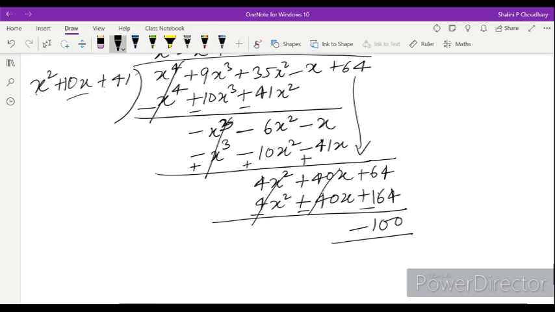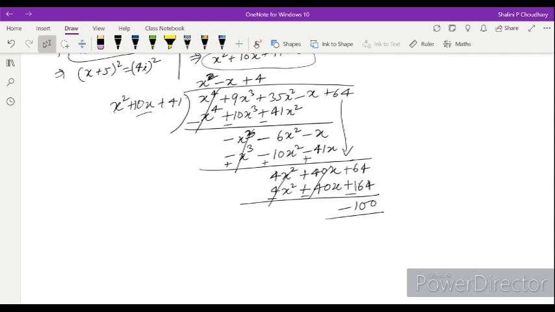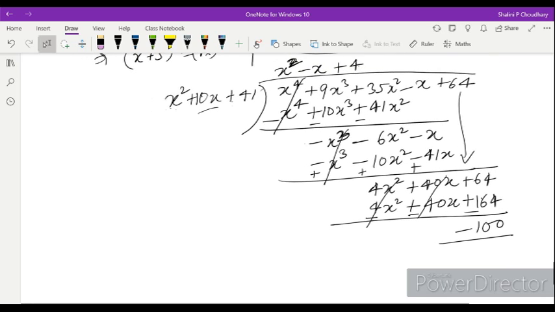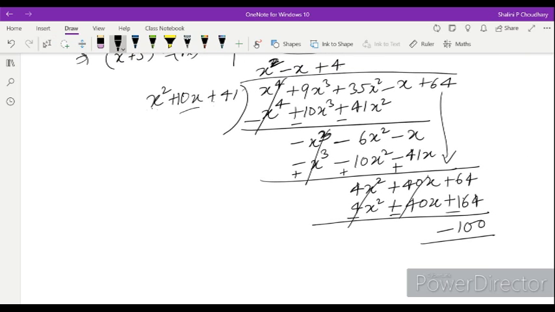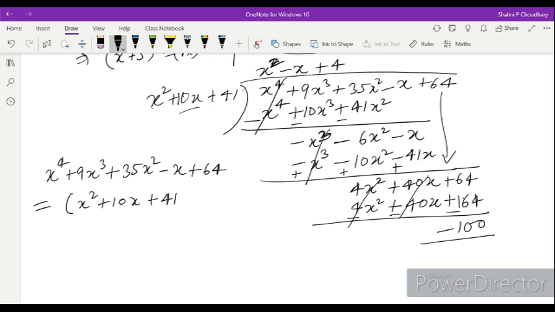Okay, so what value are we getting? When we are dividing this number, we are getting minus 100. It means x to the power 4 plus 9x cube plus 35x square minus x plus 64 will be equal to x square plus 10x plus 41 into x square minus x plus 4, and minus 100.